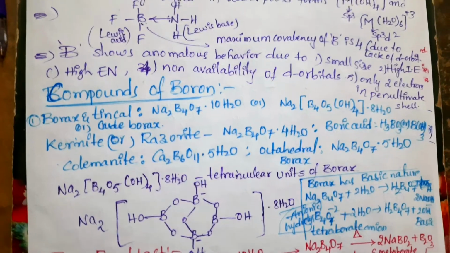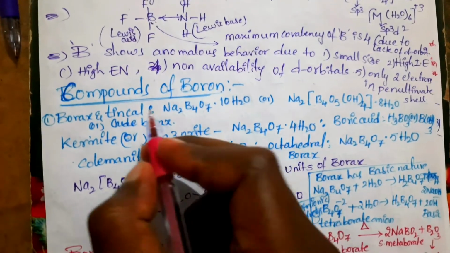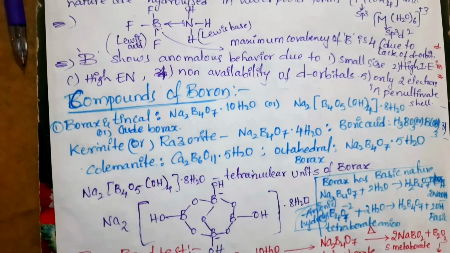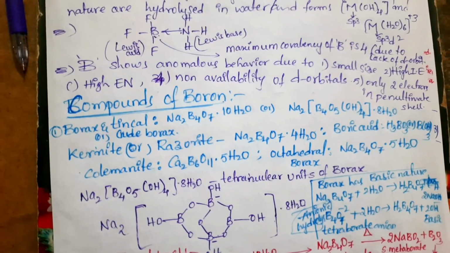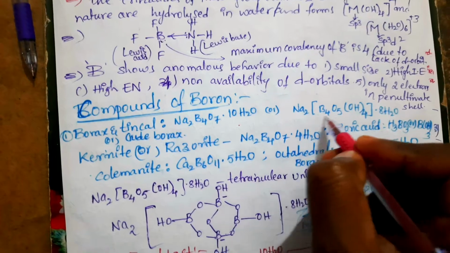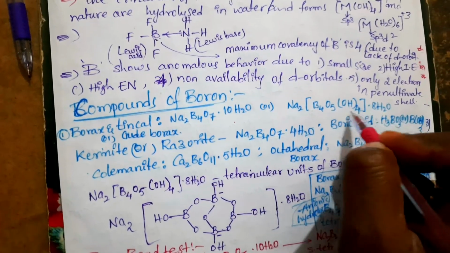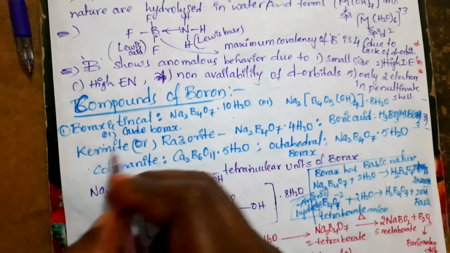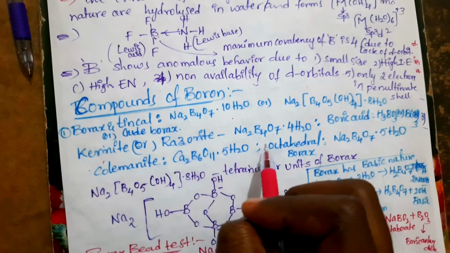Compounds of boron: here borax, we can see borax is also called Tincal or crude borax, Na2B4O7.10H2O. It can also be written as Na2[B4O5(OH)4].8H2O. Kernite, these all will be compounds of boron.